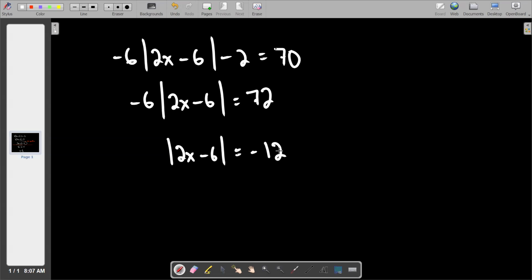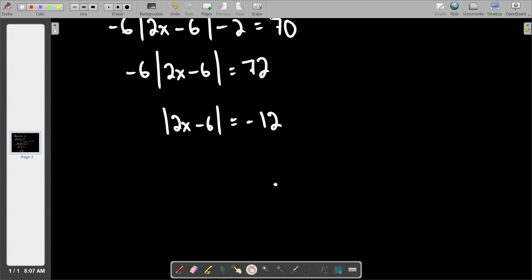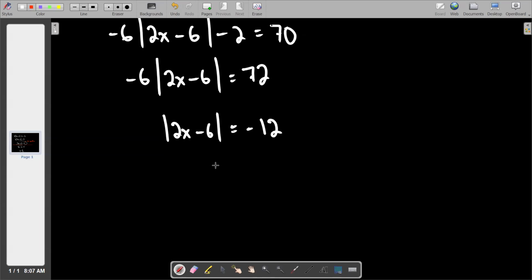And then what? I did the 2x minus 6 equals 12, and then 2x minus 6 equals 9. There is no solution. Absolute value, this machine, this red machine, by definition, regardless of how hard you try, no matter how many millions of times you fumble around in here, you can plug in whatever you want for X, anything in the world.